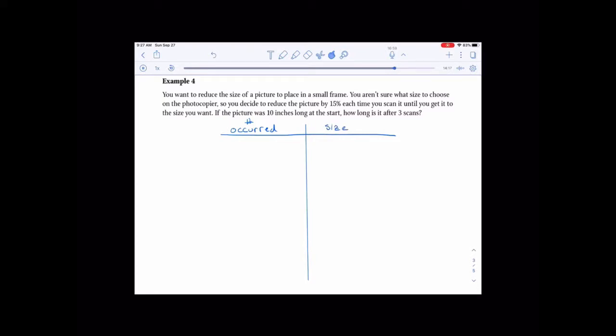So to begin with, after it has occurred 0 times, would be our initial amount of 10, because 10 multiplied by 0.85. Remember, it's 0.85 because we are decreasing by 15%. So our base here is going to be 1 minus 0.15. So b is equal to 0.85.